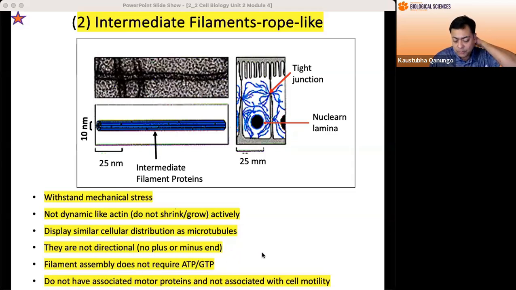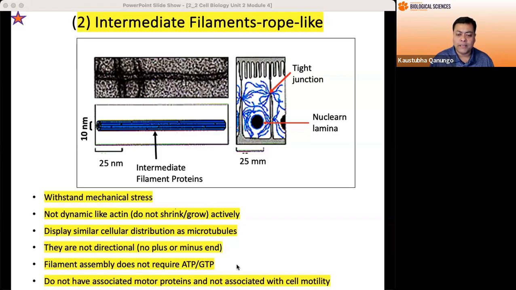Just to give you an example, they might say that all the intermediate filaments have a plus end and a minus end. Or that intermediate filaments, when associated with ATP or GTP, assemble, and when associated with ADP or GDP, dissociate. Those are facts from the microtubules or the microfilaments. Those will be the distractors.